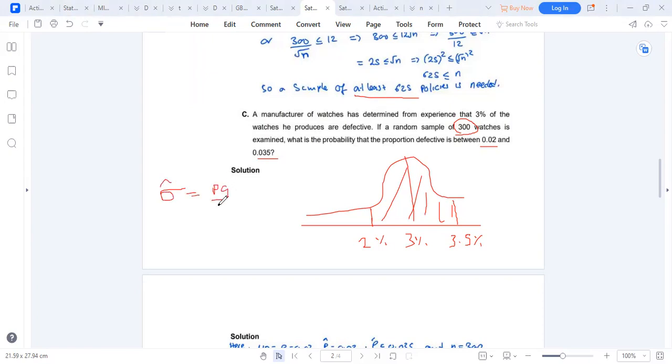Square root of PQ over N. So our P is what? 3%, so 0.03. Our Q is what? 97%, so 0.97, right? Divided by N, our N is what? 300. So calculate for me.